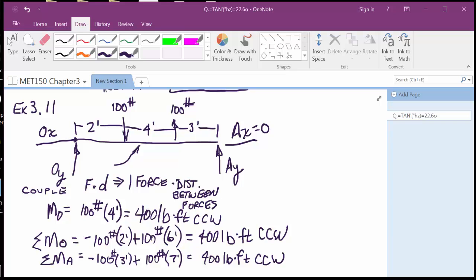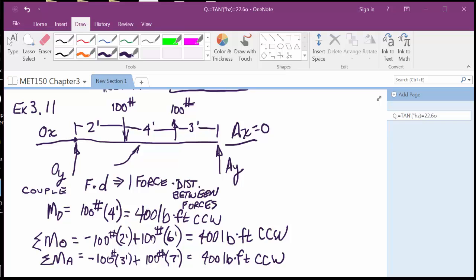Think of it as turning a steering wheel. If I'm using the same amount on both hands, it's a couple. That's like heaven, because you only have to put one force times the distance, and you're done.